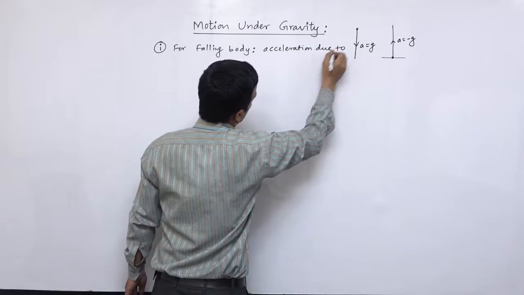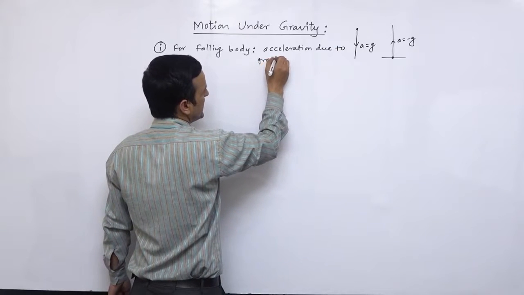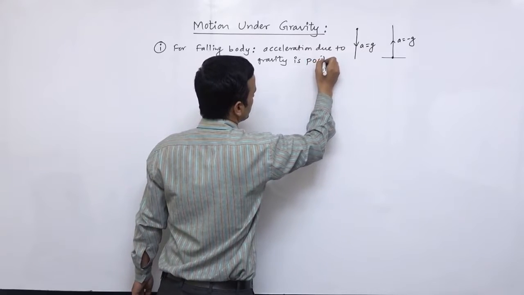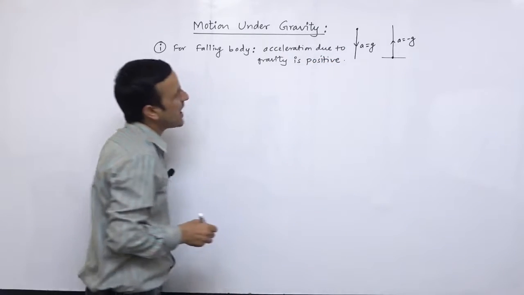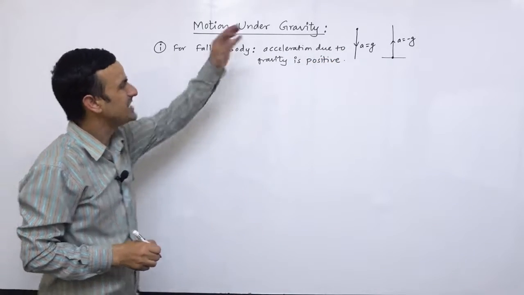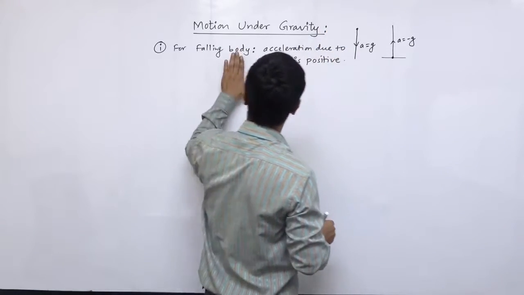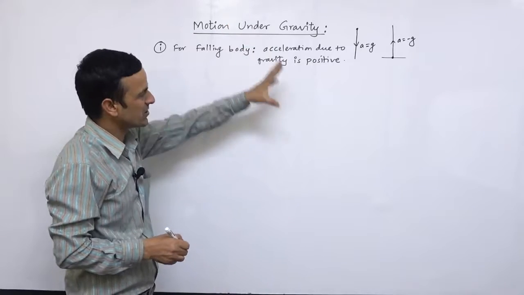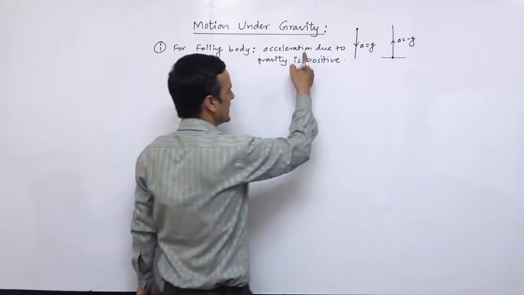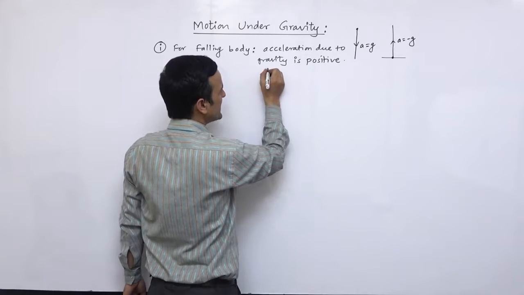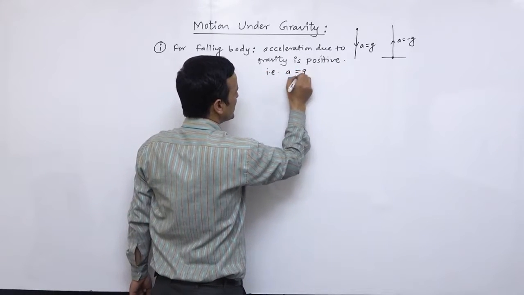Acceleration due to gravity is always positive for falling down the object from any point. Falling body को लागि under gravity हामीले कुनै body fall गरिरहेका छौं भने acceleration due to gravity is always positive. So that is a is equal to g.